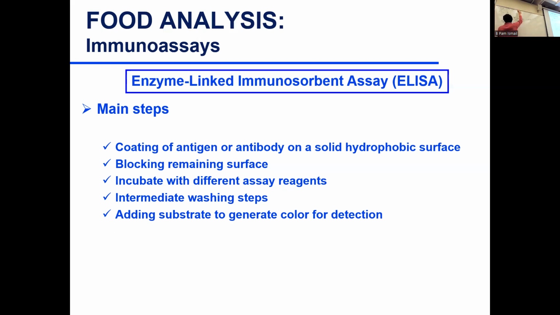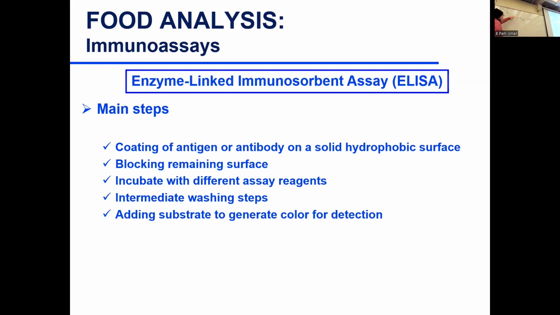Sorry, not lambda. I put more antibodies. So now I have antibodies sandwiching, etc. So now either I label this with the enzyme or I have another antibody here that is labeled with the enzyme.